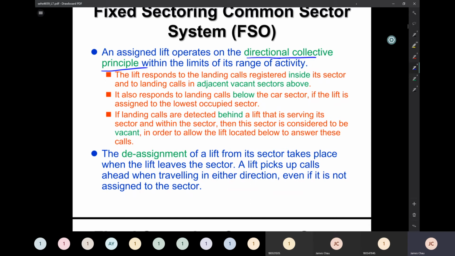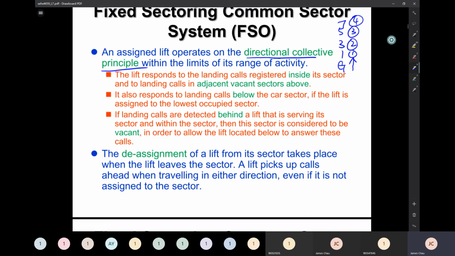For example, if we receive calls from floors 1, 3, 5, 7, so the lift, if it is at the ground floor, will serve floor 1, then 3, 5, and then 7. So this is what we call the directional collective principle. It serves in the floor order.